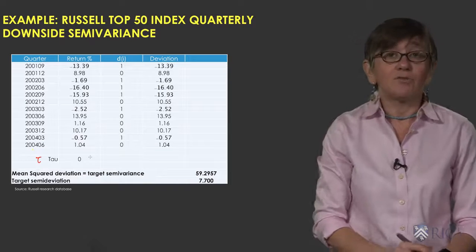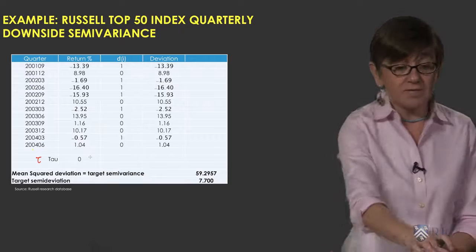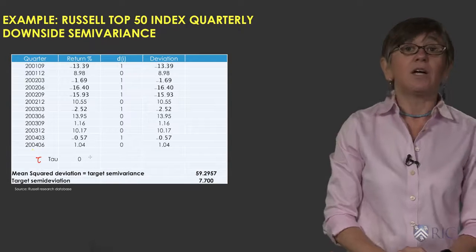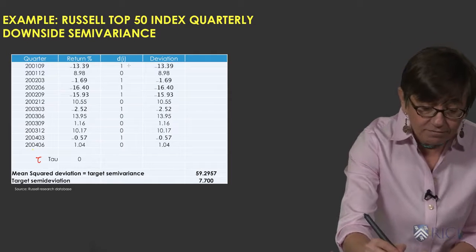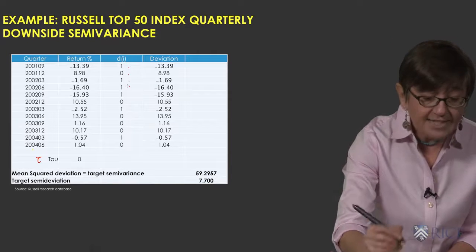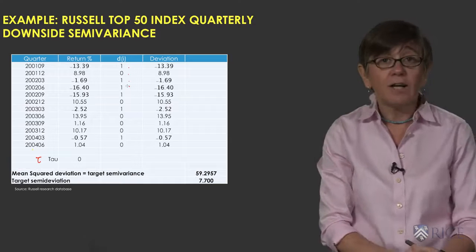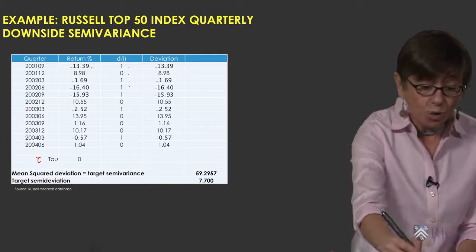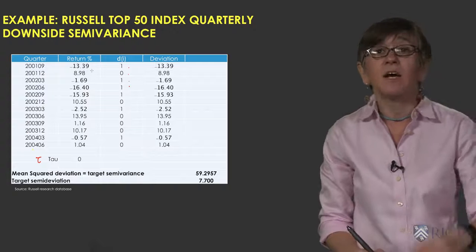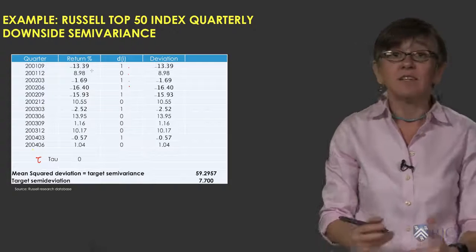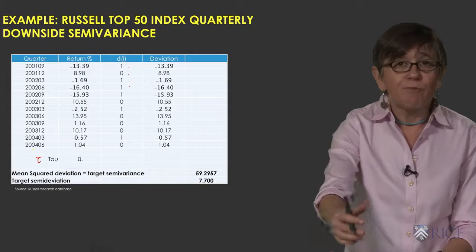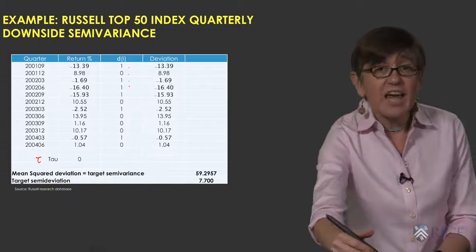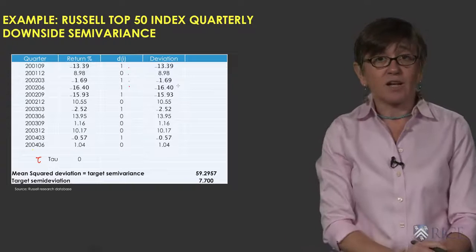The first two columns present the dates and the returns. The third column presents the indicator function, that takes a value of either 1 or 0, depending on whether the quarterly return is above or below the target, in this case simply 0. And then the fourth column is the deviation from the target.